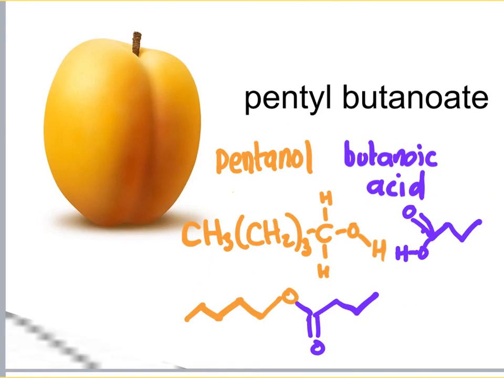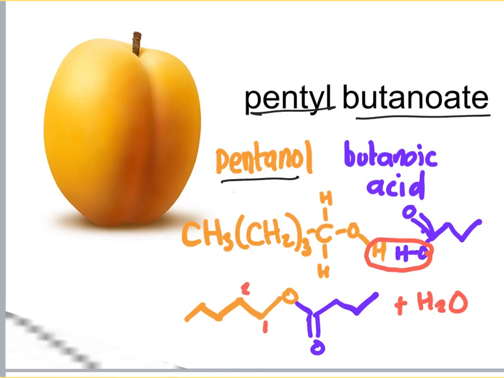Apricots have a fruity smell because, again, they contain an ester, which is pentyl butanoate. So we'll rush through this one. The alcohol must be pentanol. The carboxylic acid must be butanoic acid. Draw the 2 structures, take away water, and you've made your pentyl butanoate. But this time what I've done is to show the skeletal formula for an ester.